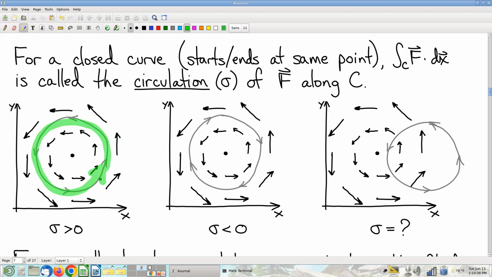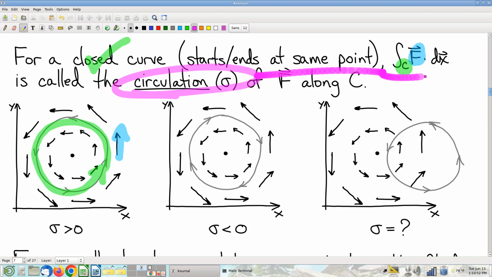And I could ask the question on this closed curve, given this vector field, I can ask what is the circulation, and of course, again, circulation is just that vector line integral. Okay, fine, cool. So let's take a look at this picture here and ask what is the line integral of this blue fluid flowing along this green curve.